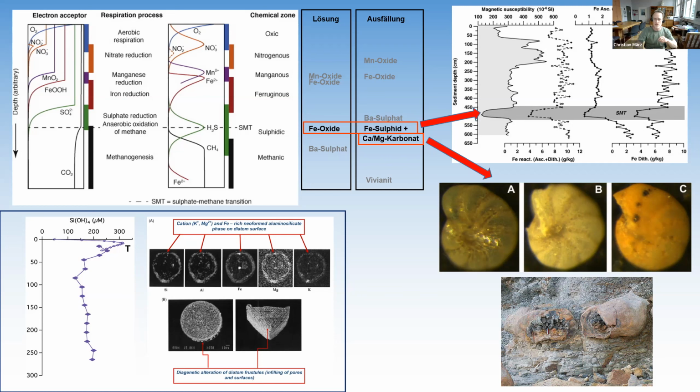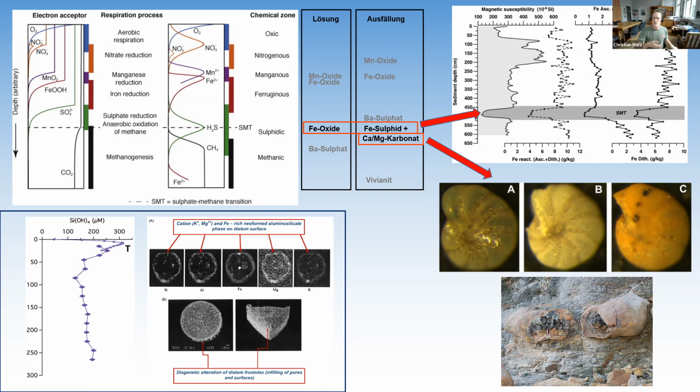You're dissolving iron oxides, and you're precipitating iron sulfides, and you have here on the right-hand side magnetic susceptibility that really just goes down like crazy. It has nothing to do with the original input of iron minerals. That's a purely diagenetic signal, and you can also see that in these different iron fractions I'm showing here that show basically iron oxides are almost completely gone.